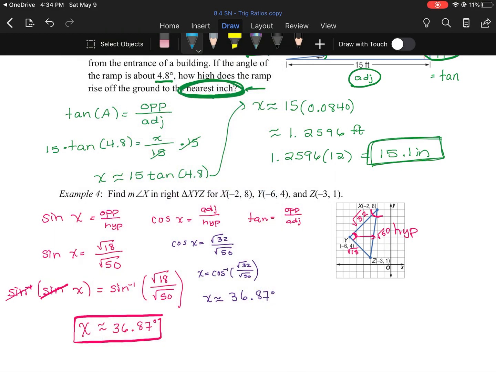Just in case you don't believe me, we're going to go ahead and do the tangent. So we're going to do the tangent of x is equal to, now, opposite, which is square root of 18 over the adjacent, which is square root of 32, which means x is going to equal the tangent inverse of the square root of 18 over the square root of 32.